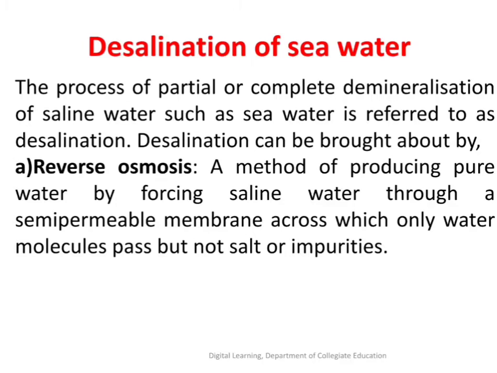The first and very common method is reverse osmosis, a method of producing pure water by forcing saline water through a semi-permeable membrane across which only water molecules pass, but not salt or impurities. The reverse osmosis method is used in our homes for drinking water. This is also known as RO water.